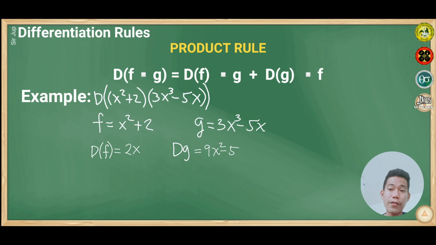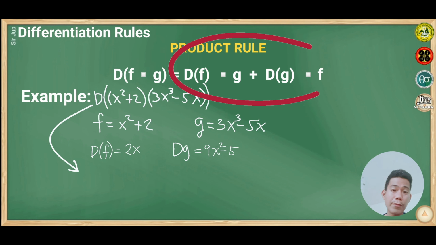Okay, so since we have values for f prime of x and g prime of x, meaning the derivative of the product, the derivative of f times g, is f prime times g plus g prime times f.